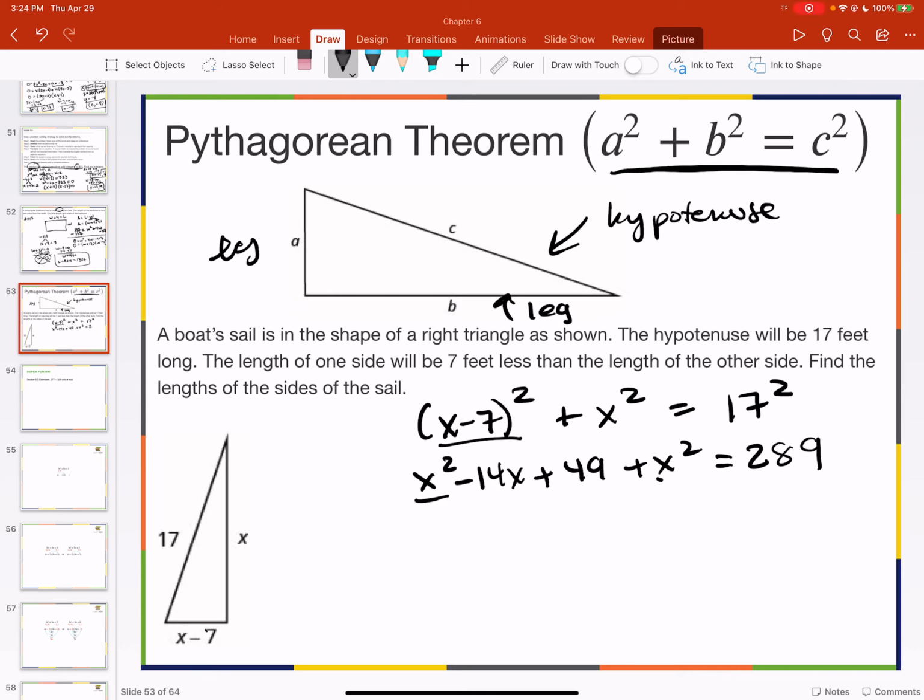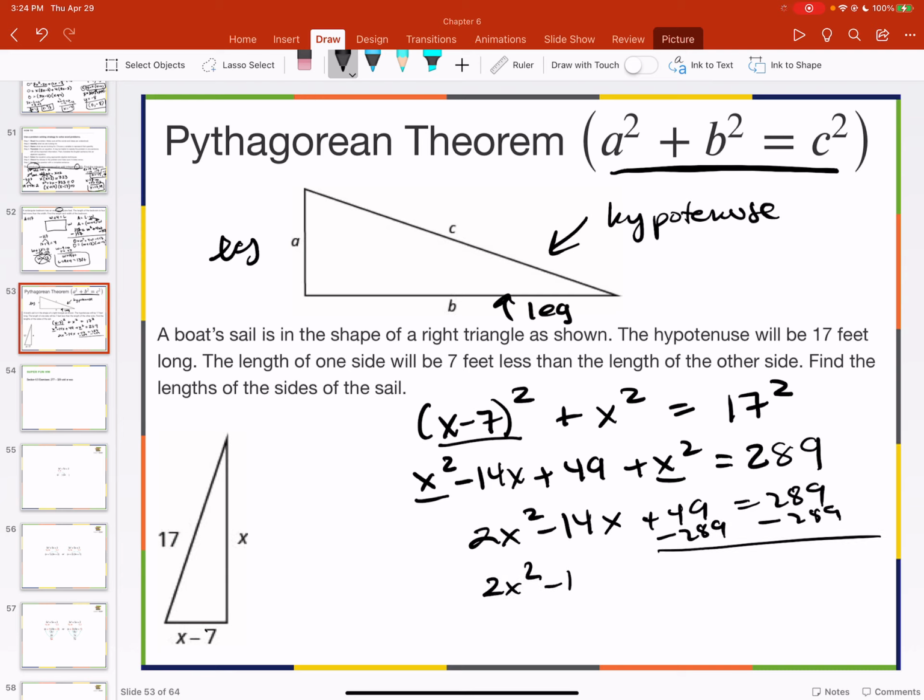Combining like terms, we get 2x squared minus 14x plus 49 is equal to 289. Subtracting 289 from both sides, we get 2x squared minus 14x minus 275 equal to 0. We set it equal to 0 so we could factor.